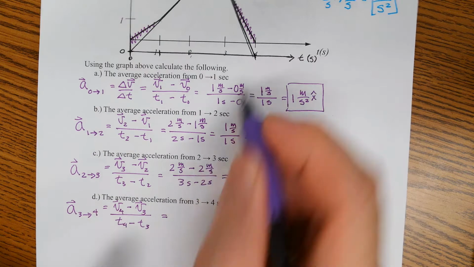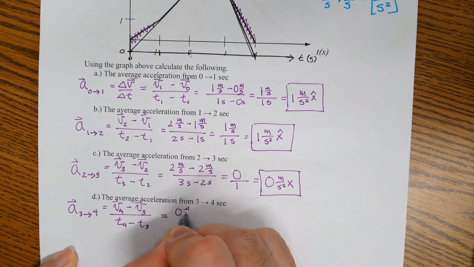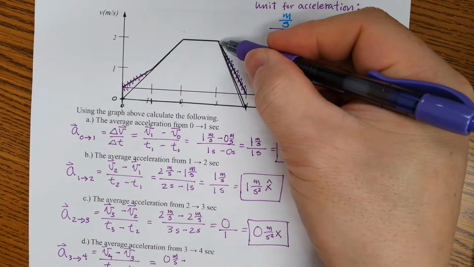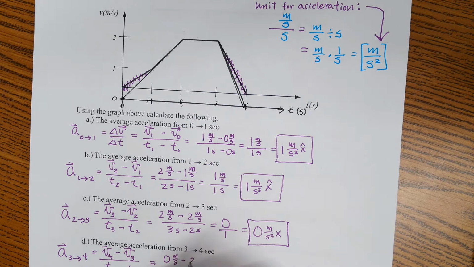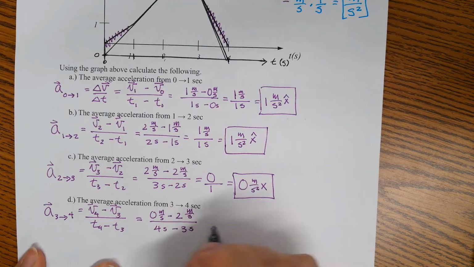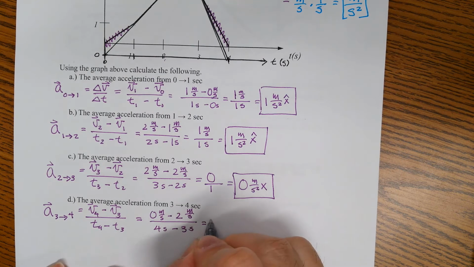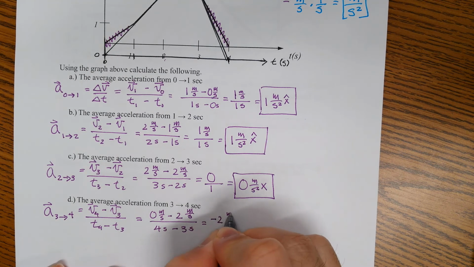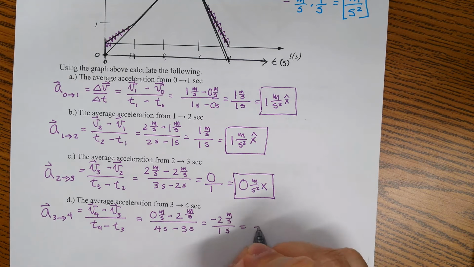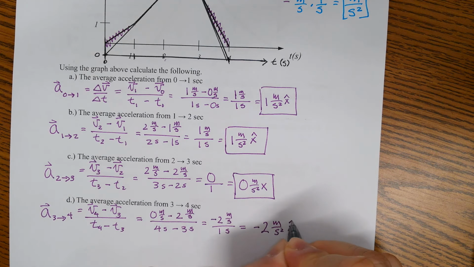So 0 meters per second minus velocity at 3 seconds, which is 2 meters per second, divided by 4 seconds minus 3 seconds. So therefore, this becomes negative 2 meters per second divided by 1 second, or negative 2 meters per second squared x hat.